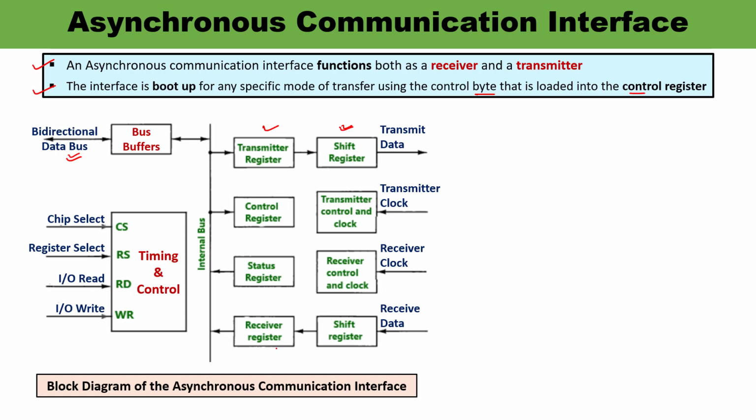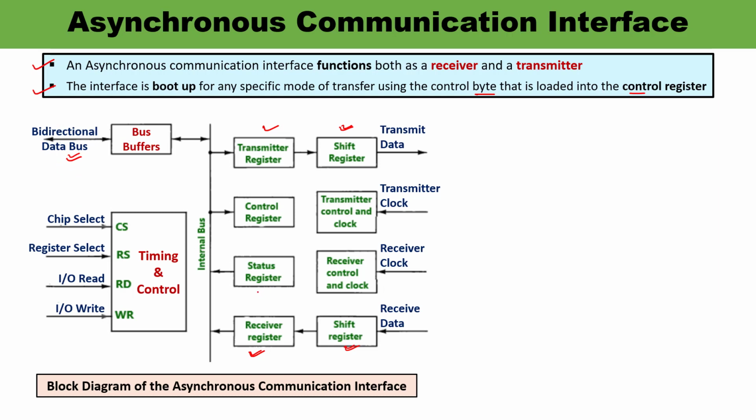In the receiver portion, serial information is received into the shift register. When the overall data has been accumulated in the shift register, it is transferred to the receiver register, and from this receiver register the CPU can read the byte through the data buses. That is why the data buses are bidirectional.